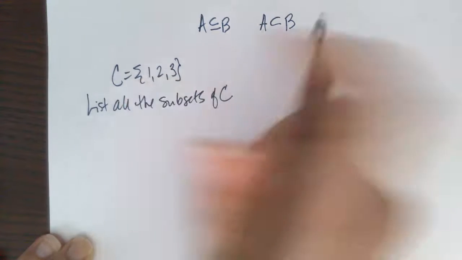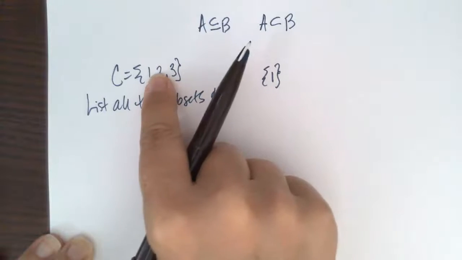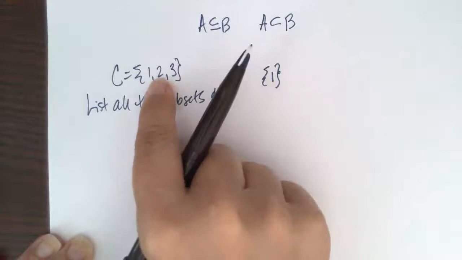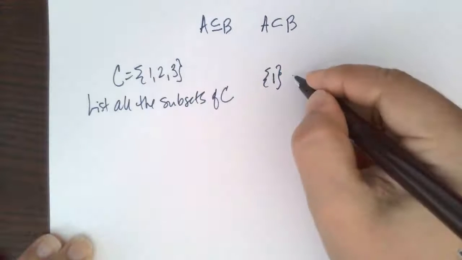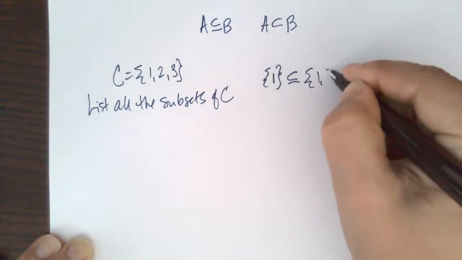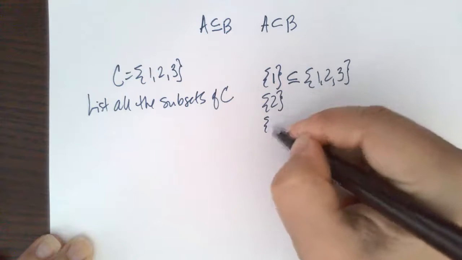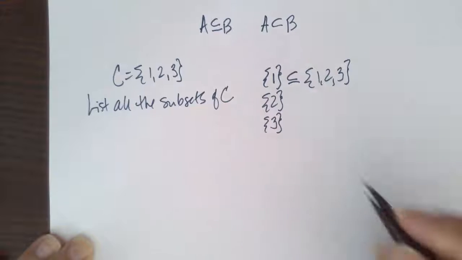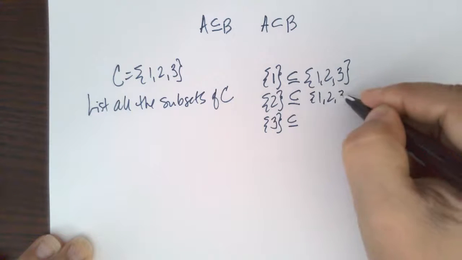So for example, just the set {1} is a subset of C, right? That element 1 is contained in there, so {1} is a subset of {1, 2, 3}. Similarly, so is {2}, so is the set that has just a 3. So those are also subsets of {1, 2, 3}.